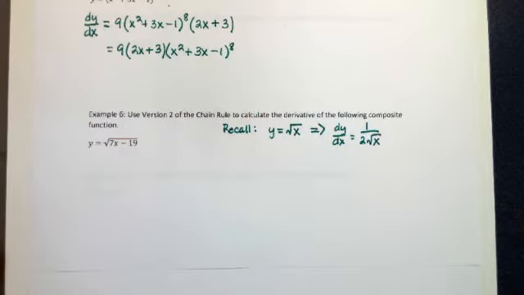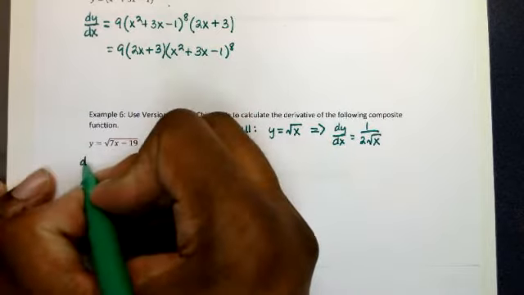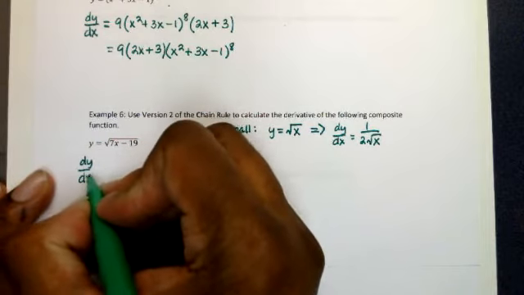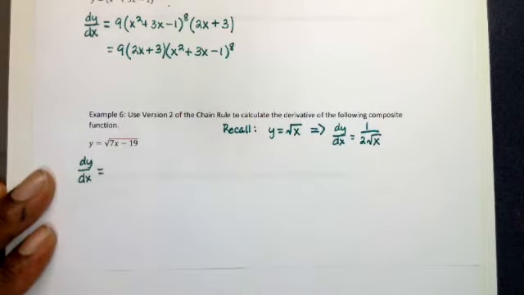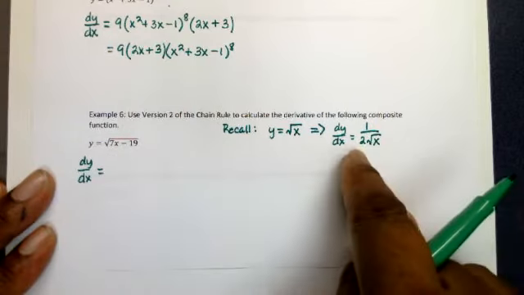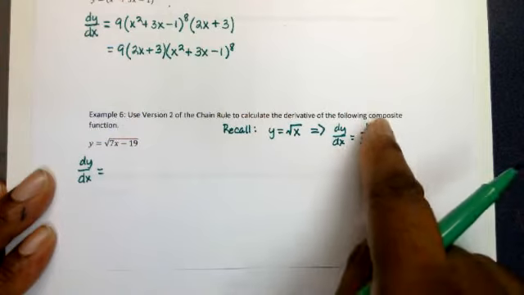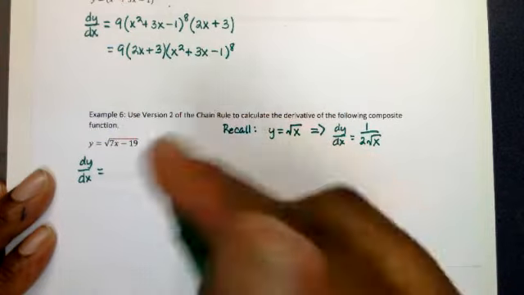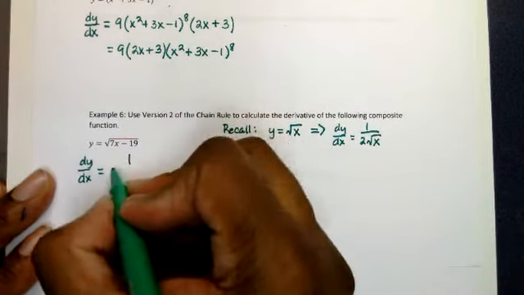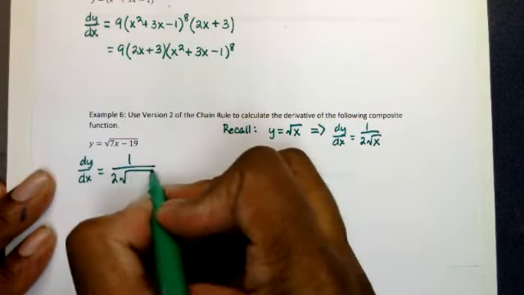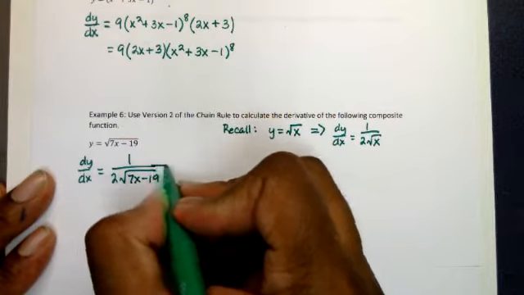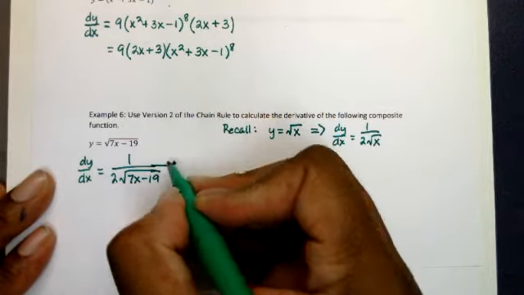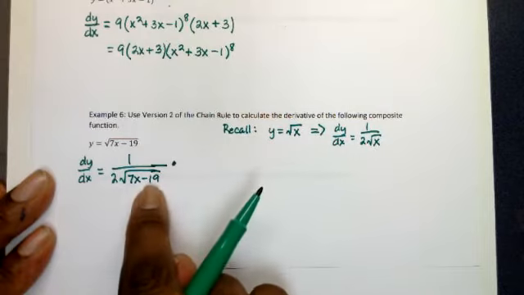So if I'm going to use version 2 of the chain rule, the derivative of the square root of 7x minus 19, using the fact that dy dx is 1 over 2 square root of x, this will be 1 over 2 square root of 7x minus 19. And then I have to multiply that by the inside derivative.